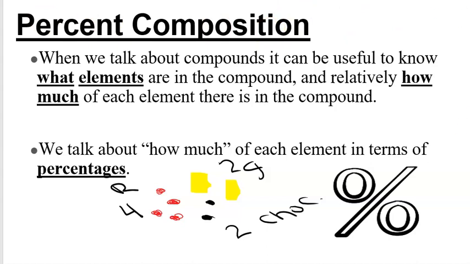So if I wanted to know my percent composition of chocolate, I would say part divided by whole, which is, again, all of them added up, which is 8, because 4 plus 2 is 8. Part over whole times 100.